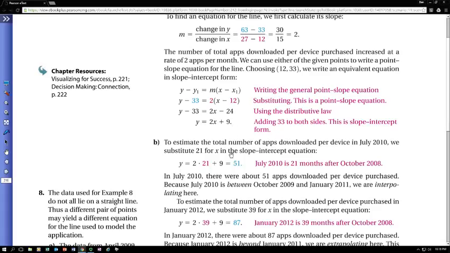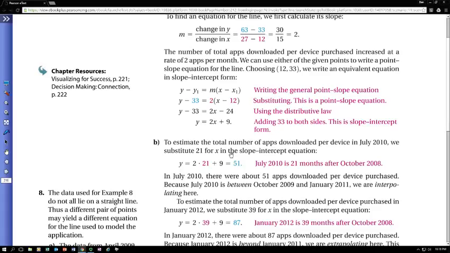Now B is estimate the total number of apps downloaded per device in July 2010. Then we would substitute 21 in for x, which is the number of months from October 2008, in the slope-intercept equation. Well, then I get a value out.